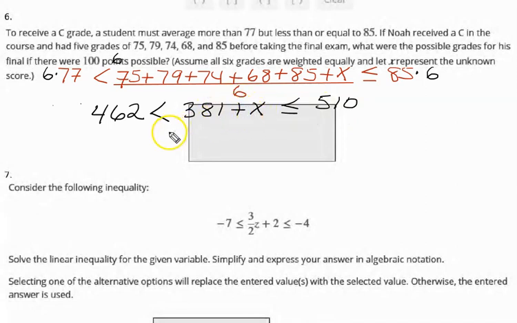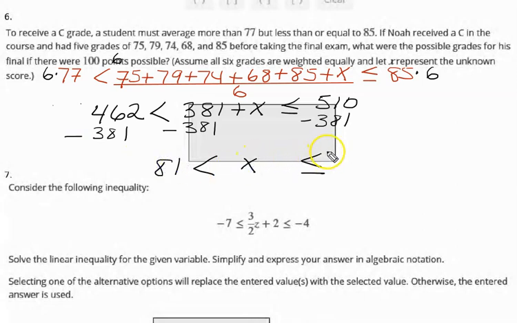Well, here I'm going to go back to that older method where we're going to subtract 381 from this, subtract 381 from this, and subtract 381 from that. And then I end up with my answer, and that would be on this side is an 81. X is in the middle, and on this side it's 129.